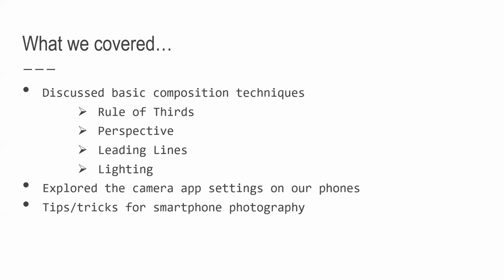But just to quickly wrap up what we covered, we talked about those composition techniques, which again, you don't need any equipment to do except something with a shutter button. We talked about the rule of thirds, which is that tic-tac-toe board on your screen, and the concept of putting the subject or the focus or the weight of your picture into a third of your frame, either vertical or horizontal.